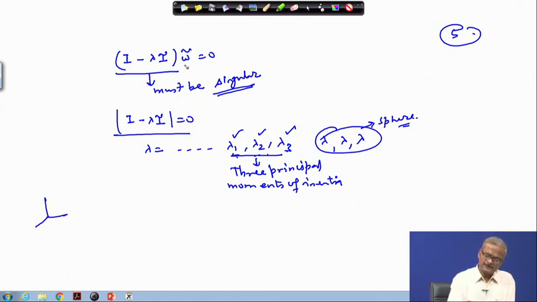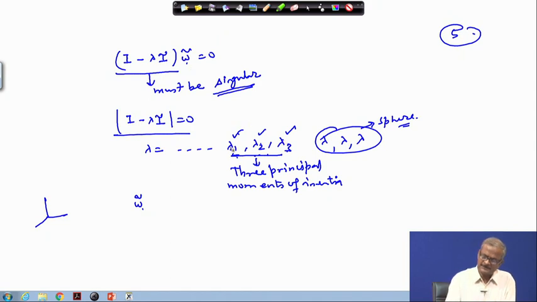Now, this omega tilde which is appearing here is your eigenvector. Okay. So, for each eigenvalue you can solve for this eigenvector, and this eigenvector indicates the direction of the principal moment. So, we have lambda 1, lambda 2, lambda 3.